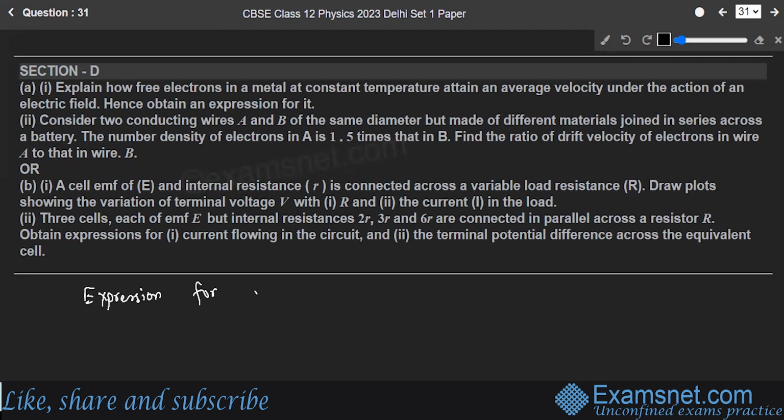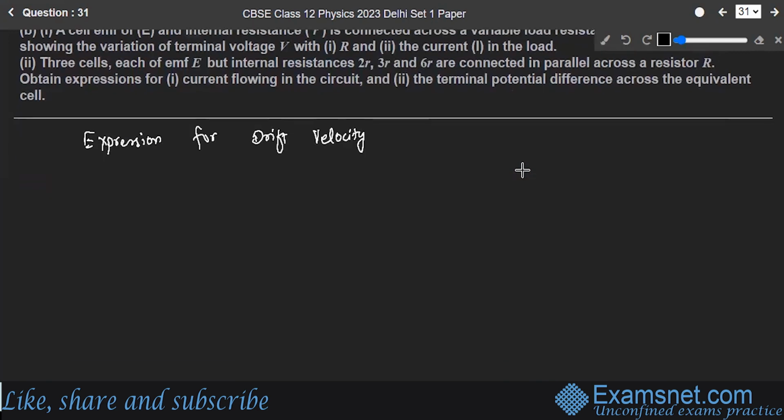Expression for the drift velocity. When a potential difference is applied across the conductor, the electric field is produced and free electrons are acted upon by the electric force, which is given by minus eE.